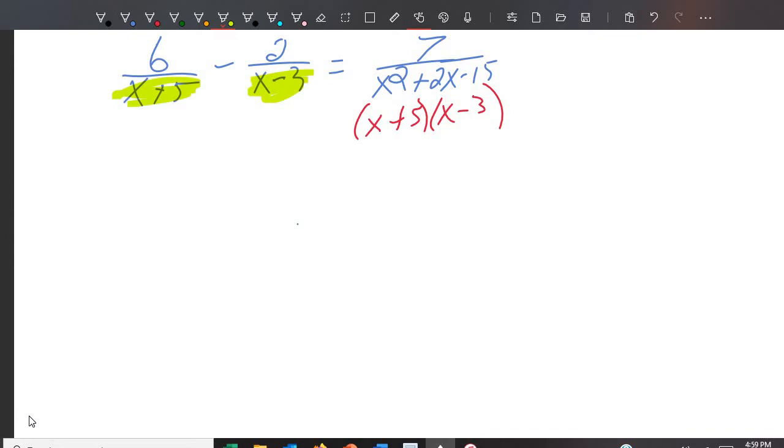Now, before we do anything else, let's figure out our restrictions on X. According to this one, X can't be negative 5. According to this one, X can't be positive 3. So that's my restriction. Okay, so I'm going to draw my parentheses next to everything, just like all the others.